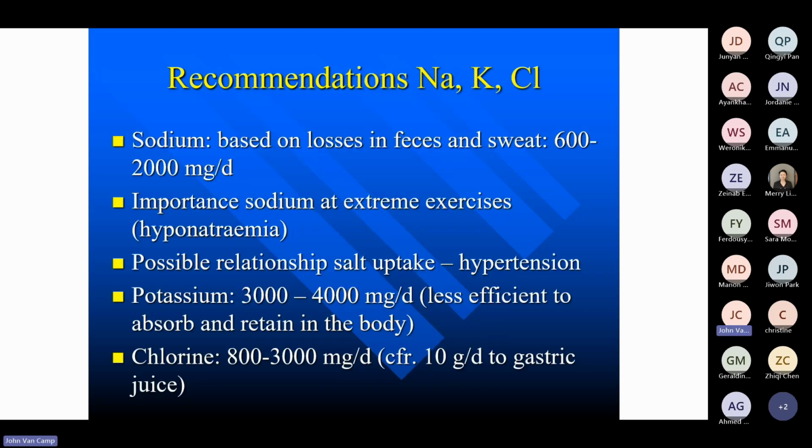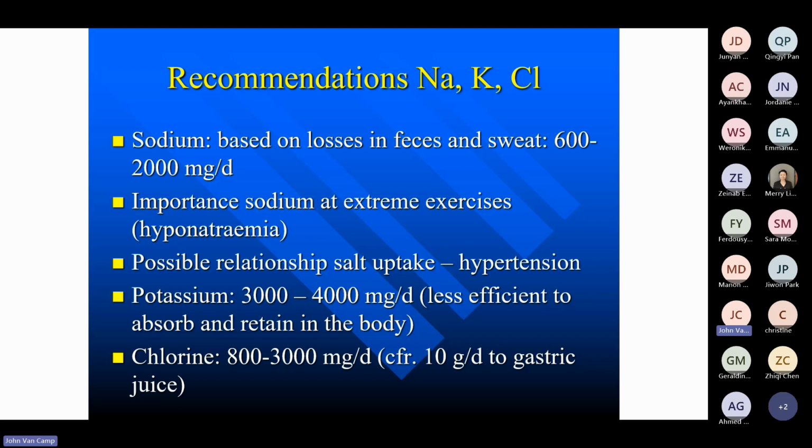So you can measure then the recommendations, which are based on sodium balances, measuring the amounts in feces and sweat. 2 grams per day is the average requirement for sodium today.